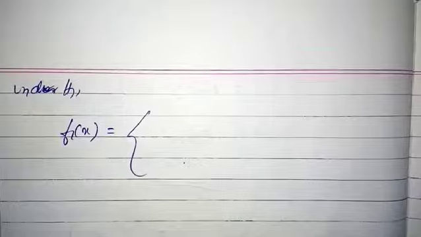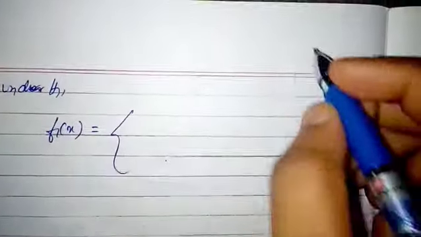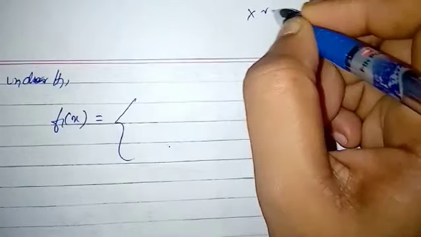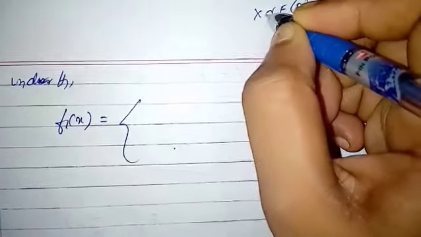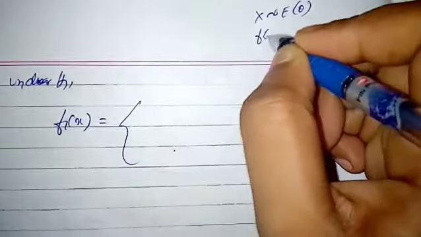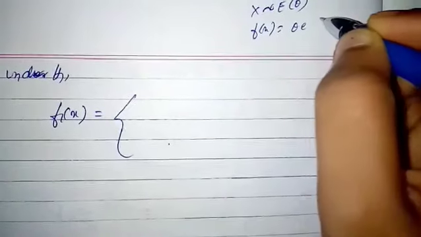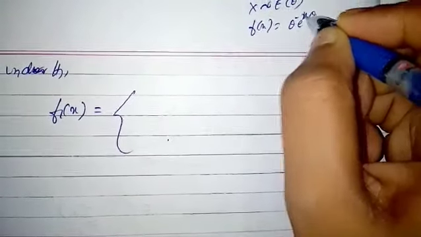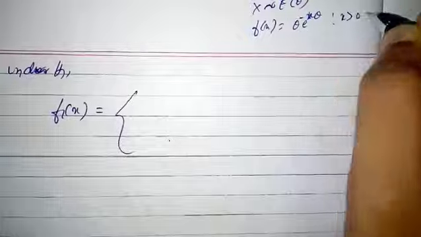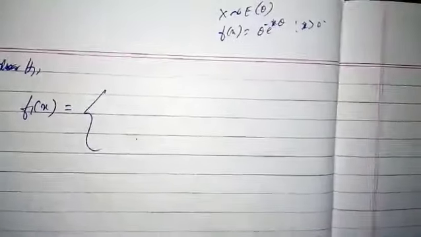That is under h1, f1 of x equal to, what is the density for exponential? If x follows the exponential with parameter theta, then f of x equals theta e power minus x theta, for x greater than 0, right?